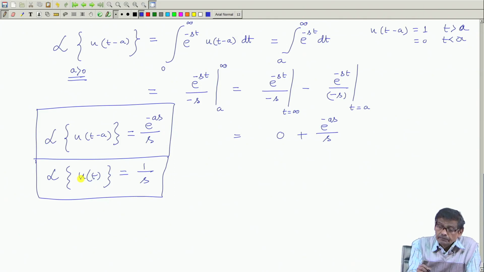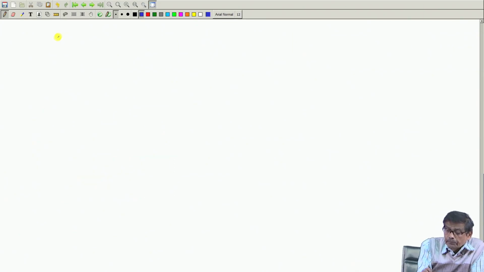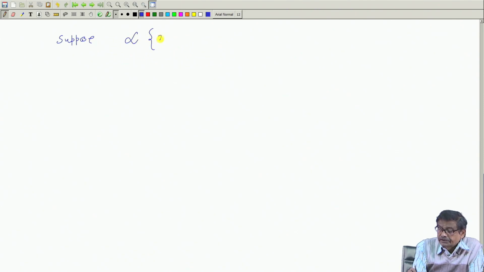So, in general, the next thing I will do is this: suppose the Laplace transform of a given function x(t) will be some function of s. So, I write it as X(s). Okay.